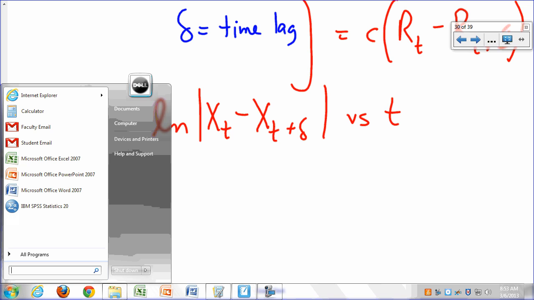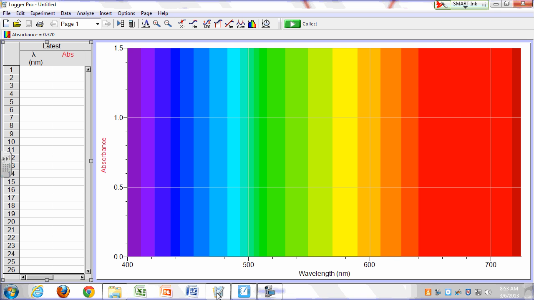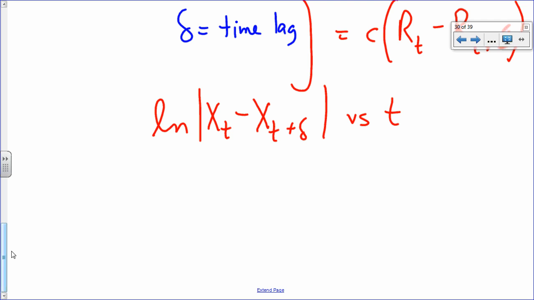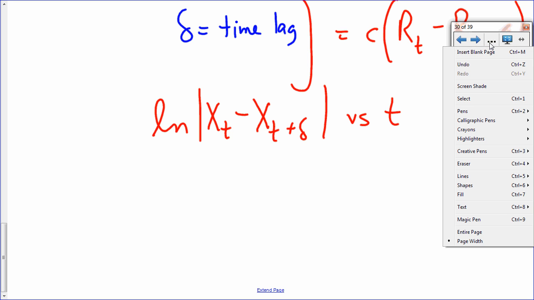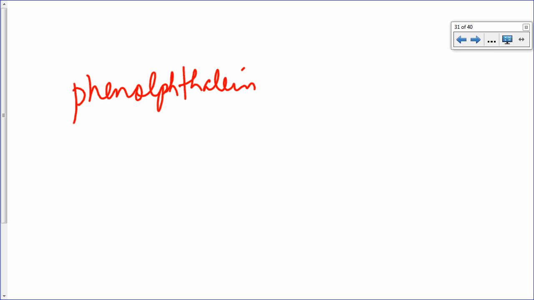What we'll be doing is you are going to be studying the fading of phenolphthalein in sodium hydroxide. Okay? So for our experiment, you're going to be looking at phenolphthalein, the same phenolphthalein that you use in your acid-base titration, plus sodium hydroxide.